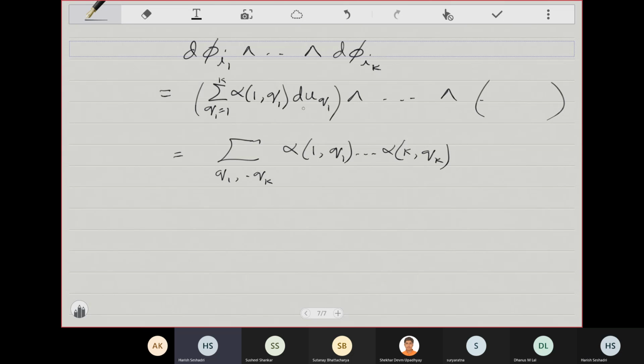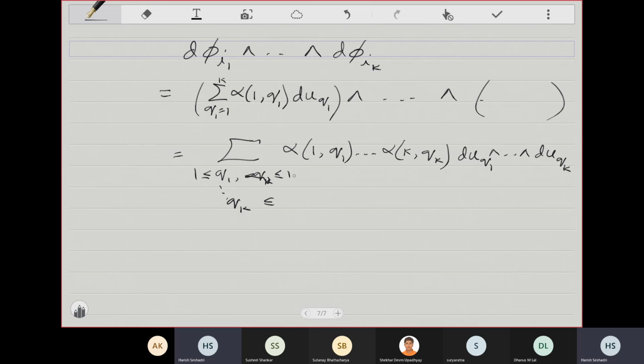Now, what is the differential form part? d u q1, that's a term which occurs with this, and wedge d u qk. So these q1, q2, qk vary independently of each other, each from 1 to k.